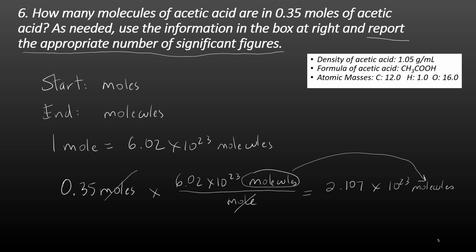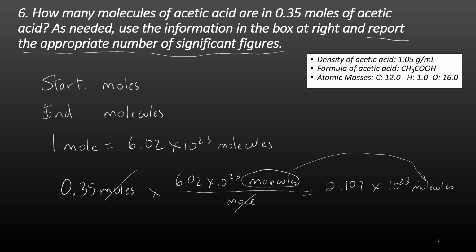That yields 2.107. Does that look right? Well, 0.35 is about a third. A third of 6 is 2, so that looks right. We also know that we are looking at a fraction of 1, so we know the number 6.02 has to go down, which it does, to 2. So I think we're pretty good.